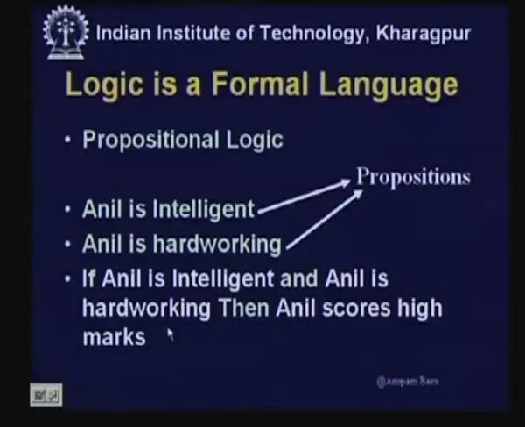This is also a proposition, because I am making another statement, but you see that this statement is a combination of some other propositions. Anil is intelligent is a proposition, and Anil is hardworking is itself a proposition here. Then Anil scores high marks.